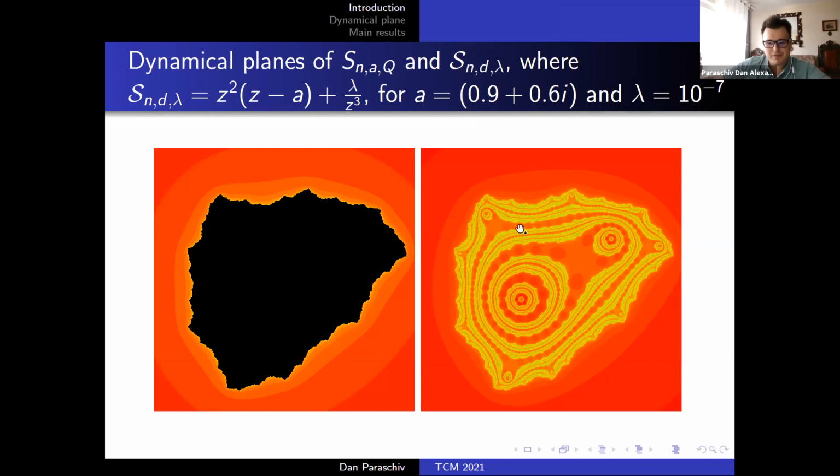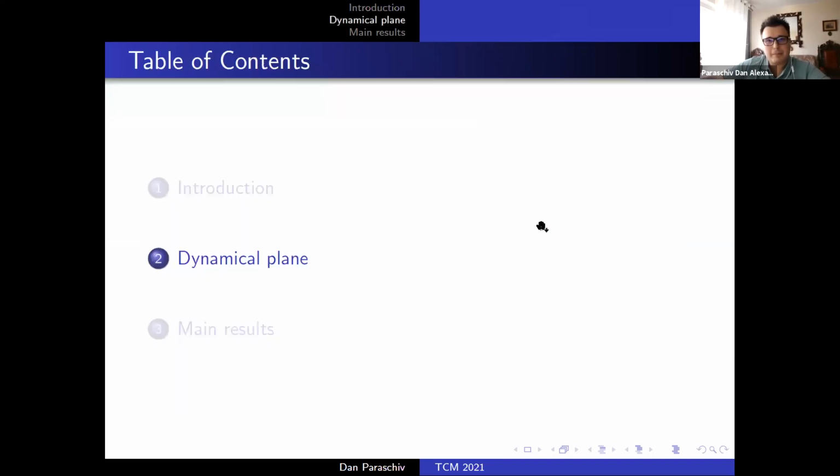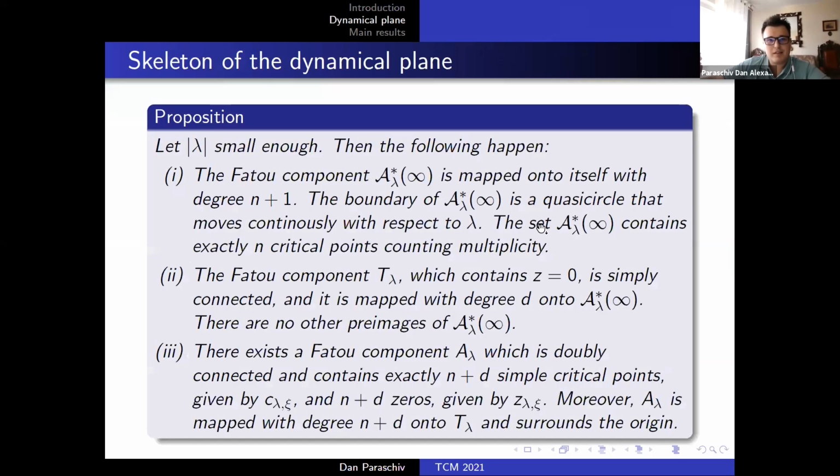Let's move on to specific properties of the dynamical plane of the perturbed family. Now, let the modulus of lambda be small enough. Then the following may happen. I'm going to once again draw because things are a lot more intuitive this way.